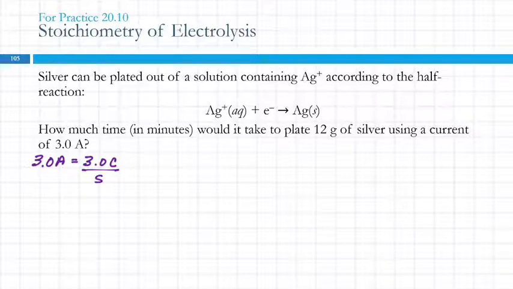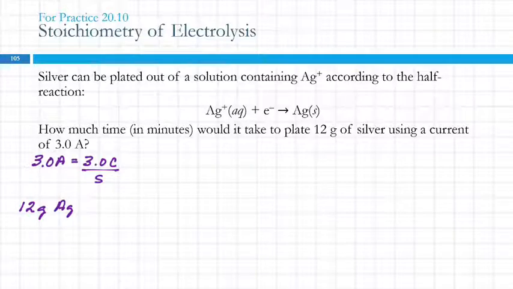We've got 12 grams of silver. Coulombs per second gives us a relationship between charge and seconds.